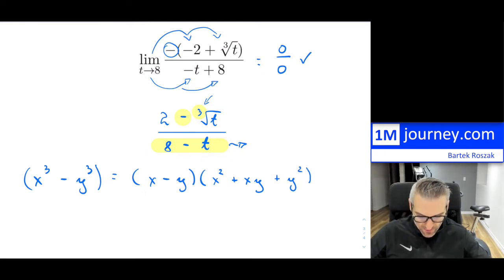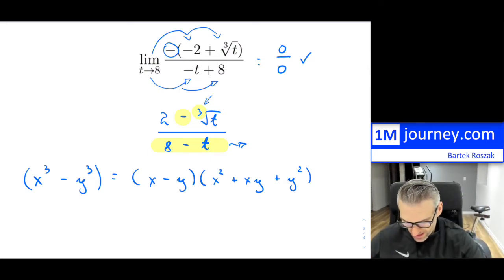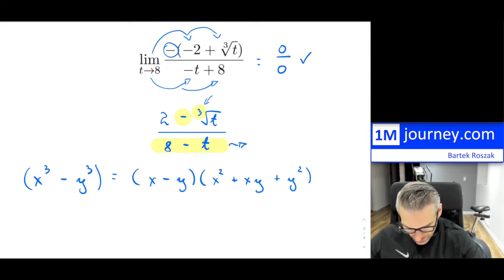So that's the difference of cubes. If you forgot it, I'll put up a link above for you. You can recall that. I think it's from grade 10 or grade 11. So both difference of cubes and sum of cubes, you can go back to that.